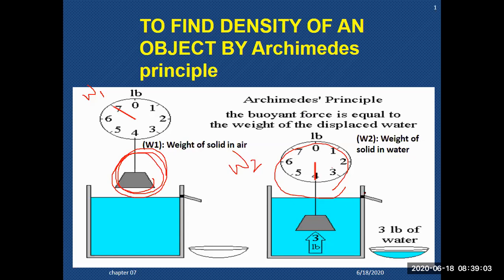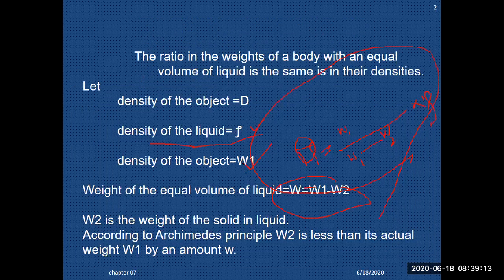Its weight is say W2, so the loss of weight will be W1 minus W2. In air it's more, in water it's less. The density is calculated using the formula: weight of the object in air divided by the loss of weight when immersed in fluid, multiplied by the density of water. Then you calculate the density of any object given to you in the lab.